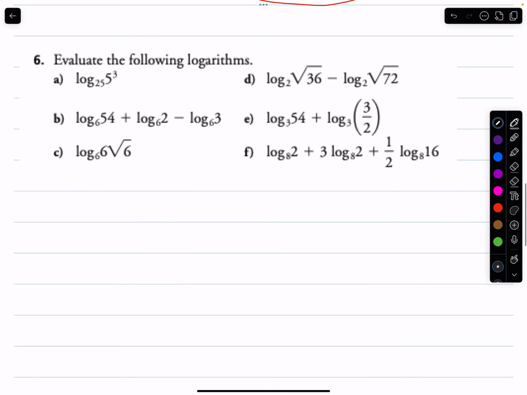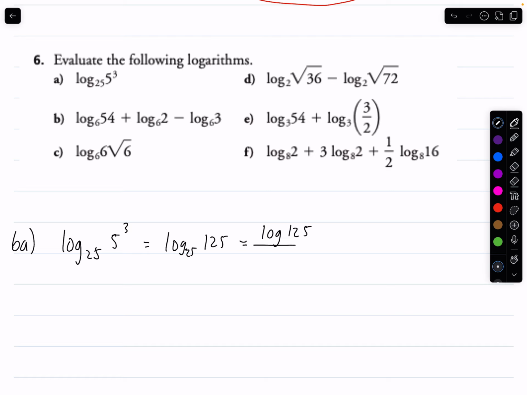So if we look at this, let's look at 6a. We have log base 25 of 5 cubed. Now, I know 5 cubed is just 125. But now that I have log base 25 of 125, I can actually rewrite this as log 125 over log 25.